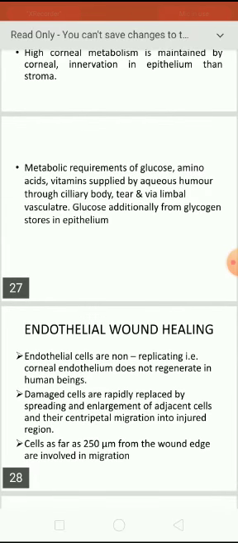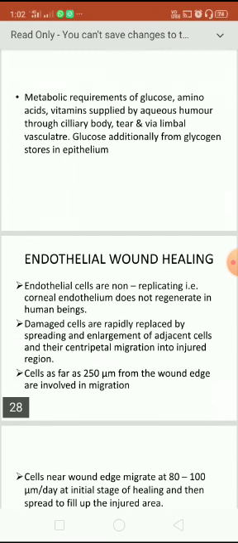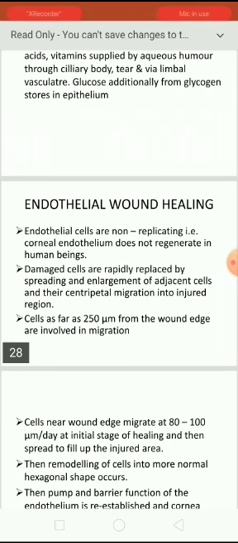In cases of wound, any injury to the cornea, there is the property of endothelial wound healing. Endothelial cells are non-replicating. So damaged cells are rapidly replaced by spreading and enlargement of adjacent cells and their centripetal migration into the injured region. Cells as far as 250 micron from the wound edge are involved in migration.